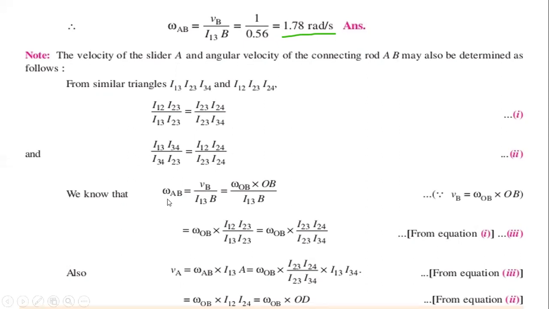So we have got omega of AB equal to velocity of B by instantaneous center I13 into B.